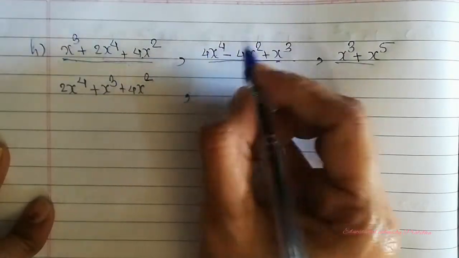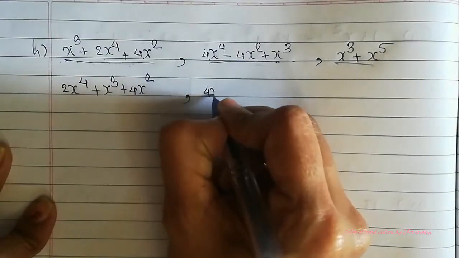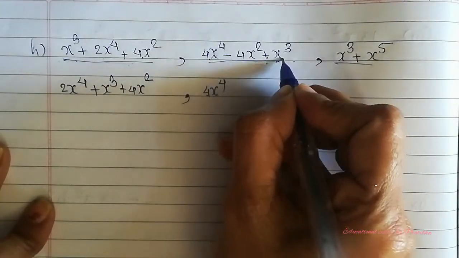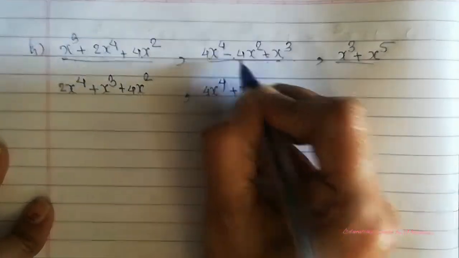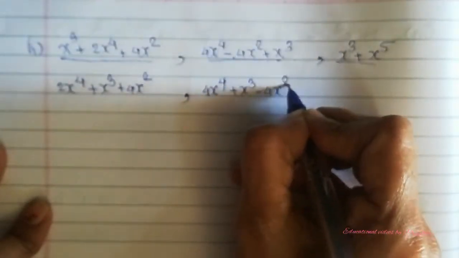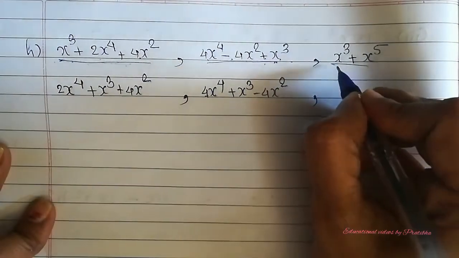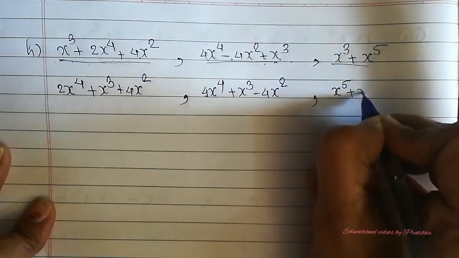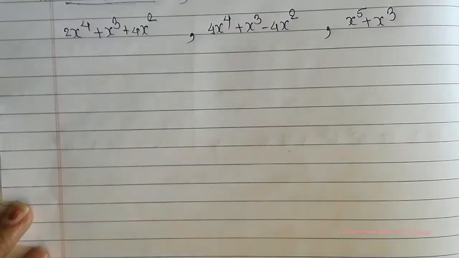So the highest power is 4. So this term will be our first term, 4x raised to power 4 plus x cube minus 4x square. And the third expression will be x raised to power 5 plus x cube.